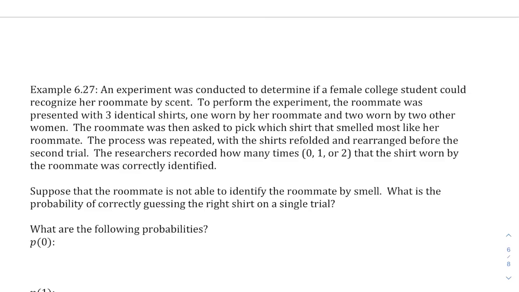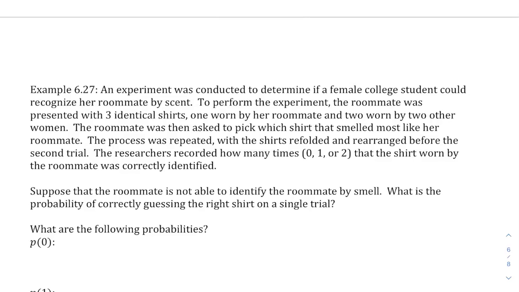In this experiment, they had the trial done twice. She picked the shirt that she liked, or the one that smelled like her roommate, and then they folded the shirts back up, put them back into the baggies, moved them around, and had her pick again. It was the same 3 shirts, but they wanted to have her do this trial again. So we're looking at 2 trials here, and we'll assume that they're independent.